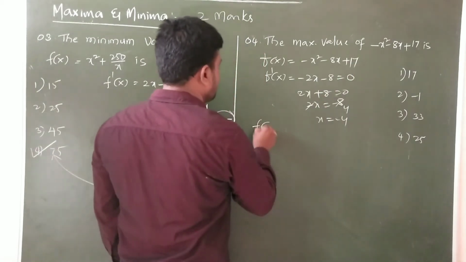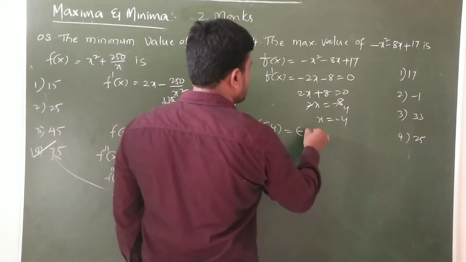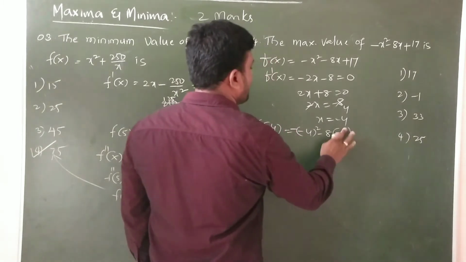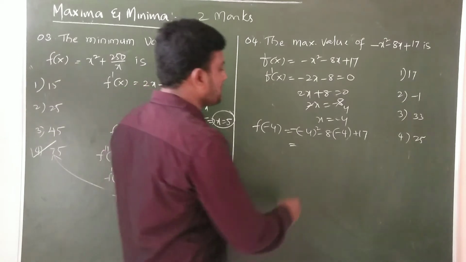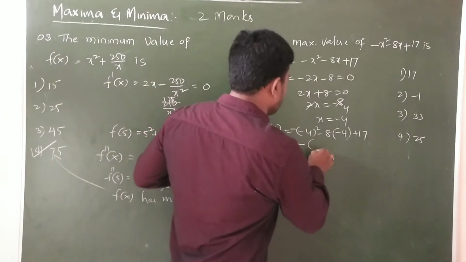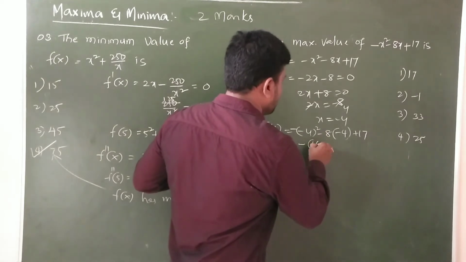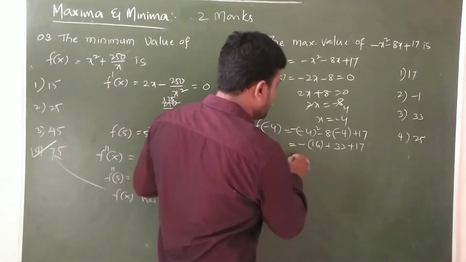Substitute x = -4 into f: -(-4)² - 8(-4) + 17, that is -16 + 32 + 17.